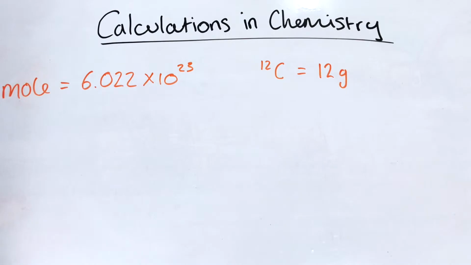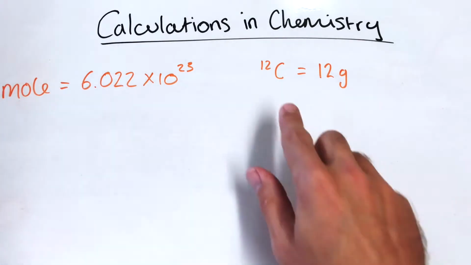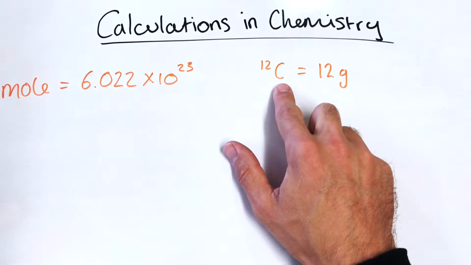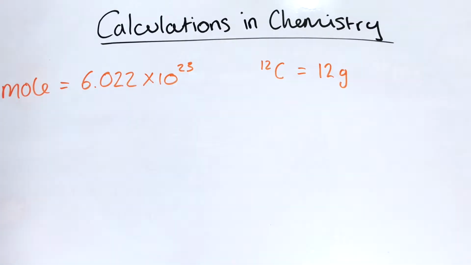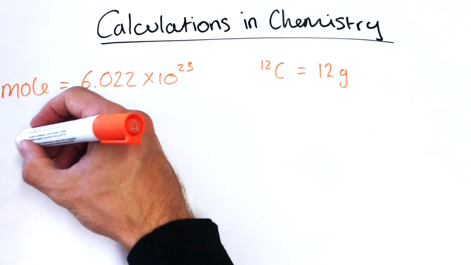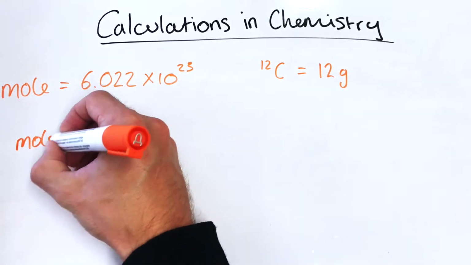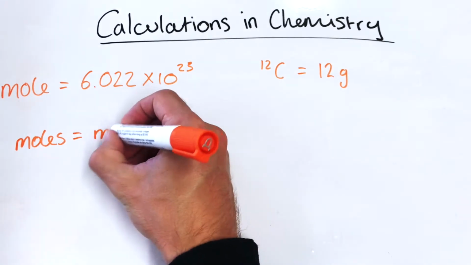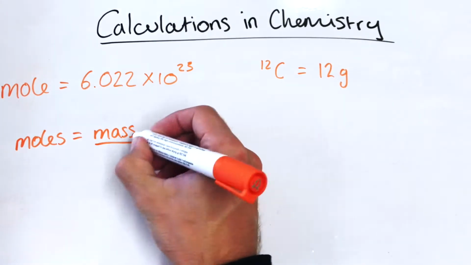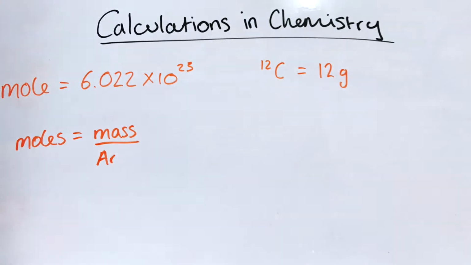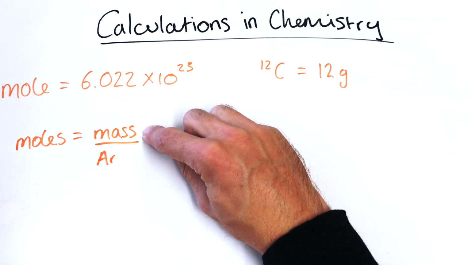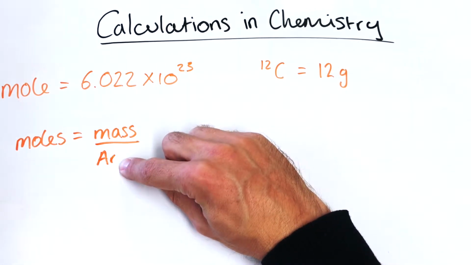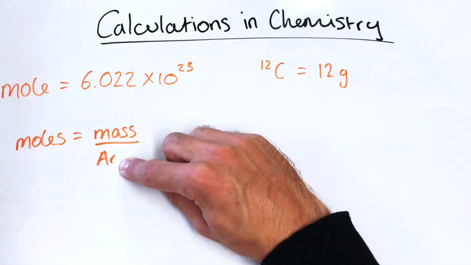We can now look at this in terms of a calculation. Let's use carbon-12 as our basic example so we can build an equation for this. First of all, moles is equal to the mass of the substance divided by its relative atomic mass. So the mass of the element that you've got divided by the relative atomic mass of the element, which can be found in the periodic table.